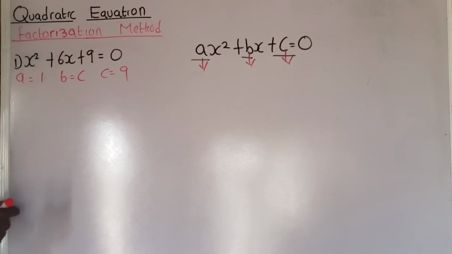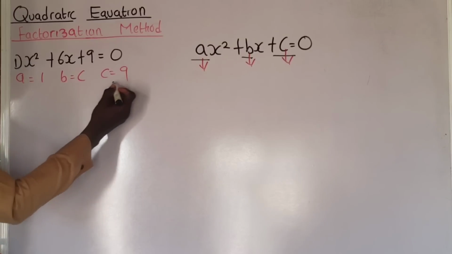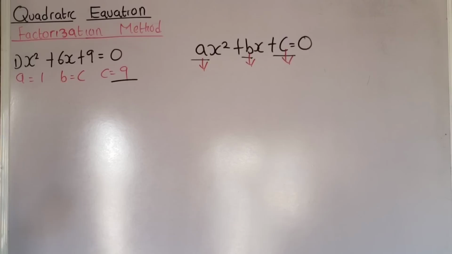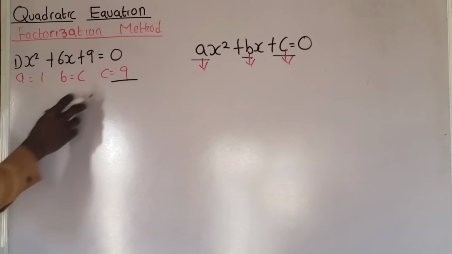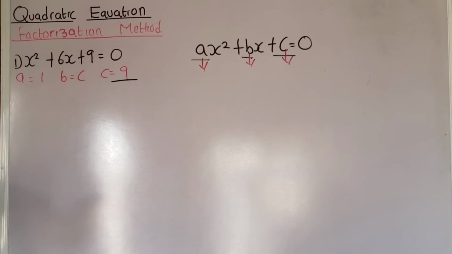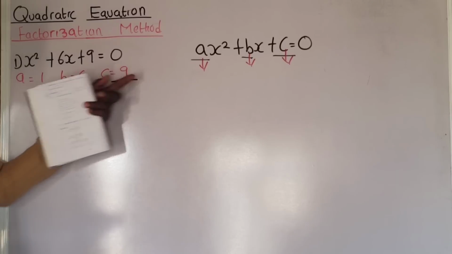9. So the first step here is that we must find two numbers. Think of two numbers such that when you take the product of these two numbers, you must have c, which is the constant term. The constant term is 9. Okay? When you take the product of these two numbers, you must have 9. And when you add these two numbers together, you must get 6.